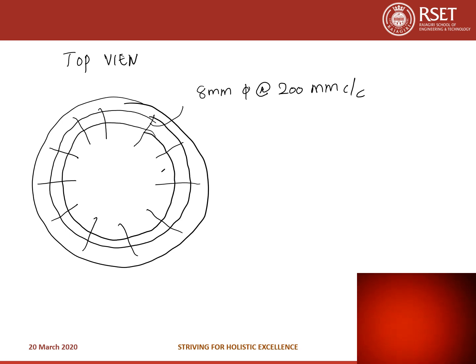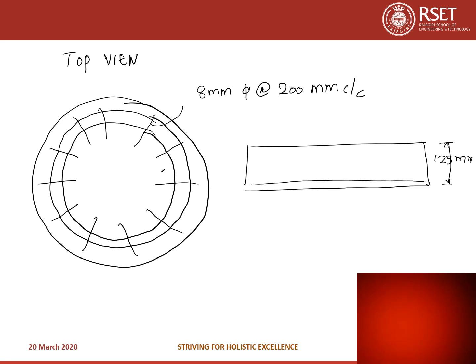Now let's look at the sectional view. We provided the depth of the slab as 125 mm, and the bottom steel as 8 mm dia at 300 mm spacing.